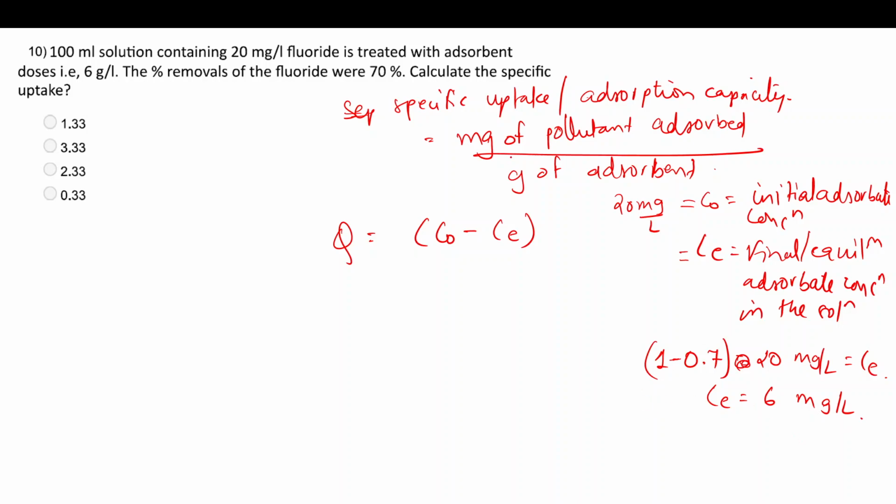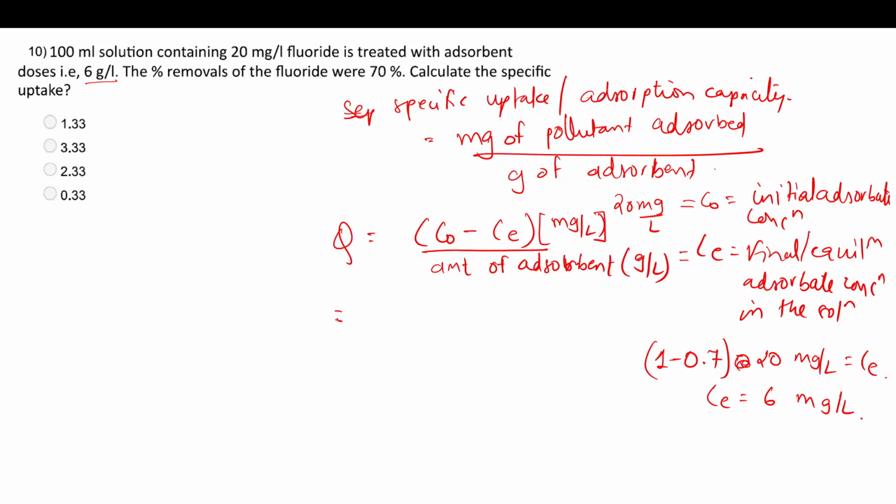Now the formula is C naught minus Ce divided by the amount of adsorbent in gram per liter. And here the concentration should be in milligram per liter. The amount of adsorbent is given as 6 gram per liter.